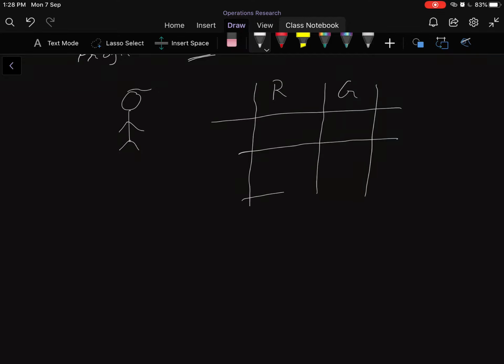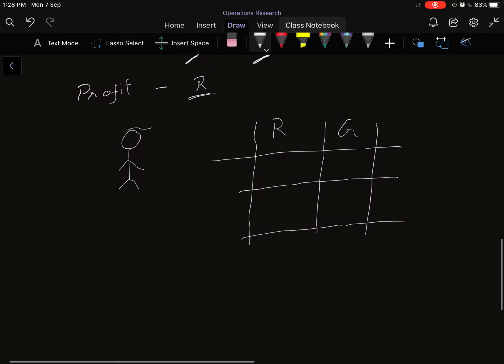And now let's say that for making 1 kg of rasgulla, the resources are still the same, there is milk and sugar.